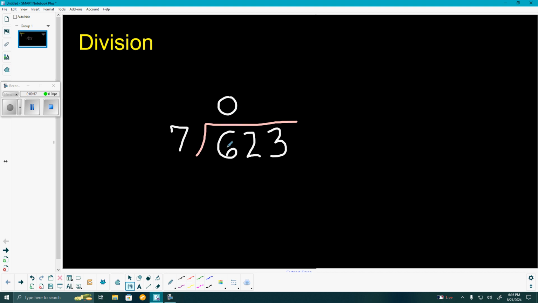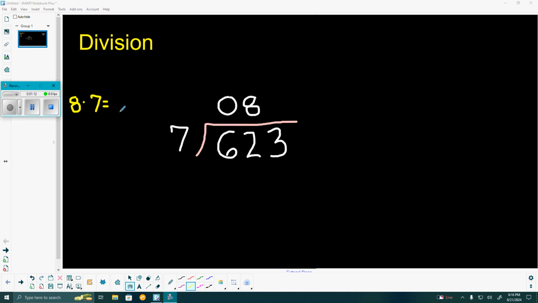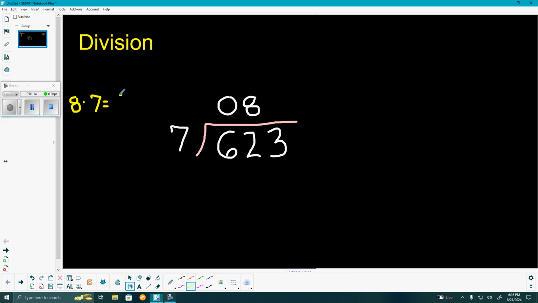Now, because 7 can't go into 6, I'm instead going to look at the number 62. Can 7 go into 62? I know that 7 can go into 62 8 times, and I know that 8 times 7 is 56.